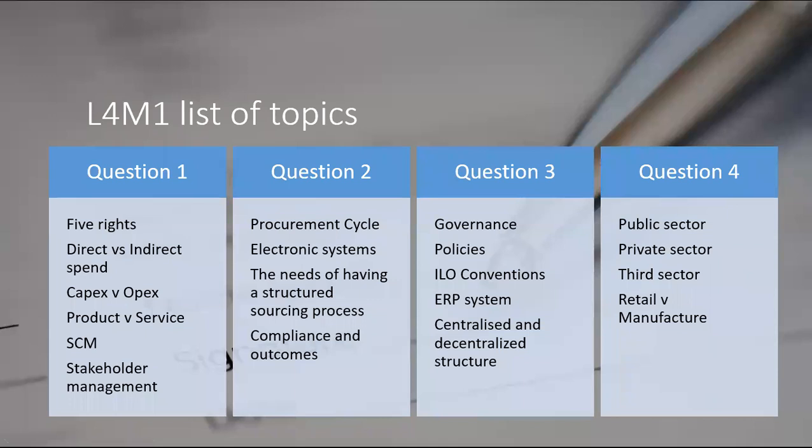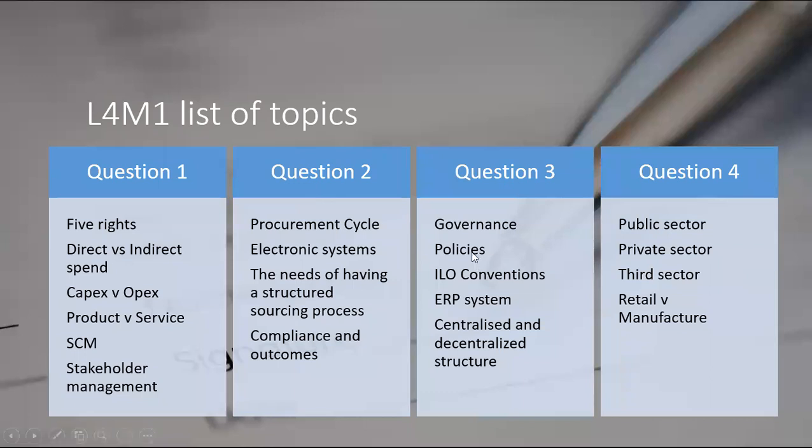The third chapter focuses on management and governance of the procurement function. You may see here, the first one is about the importance of governance. What are the factors of effective governance?